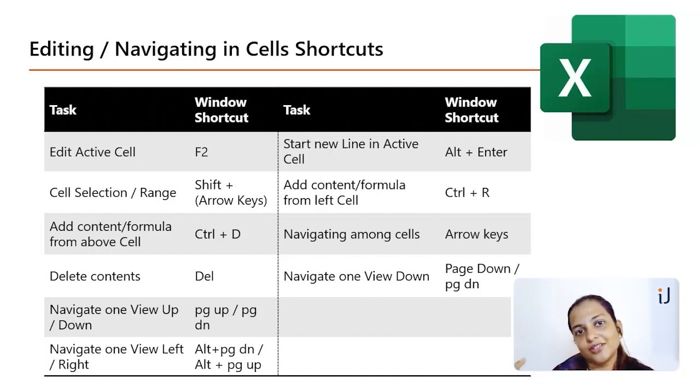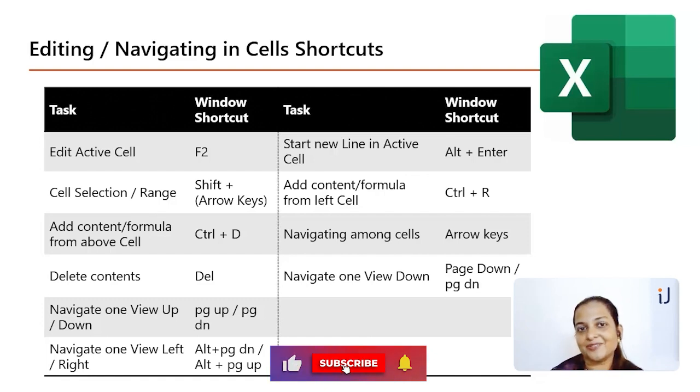But the thing is that whenever you're trying to type and you press Enter, it takes you to the next cell below. So Enter in Excel is used to shift from one cell to the one below it. But if you want to add multiple lines in one cell, then you use Alt and Enter together. It basically adds a new line inside the same cell. So this becomes your tip of the day.